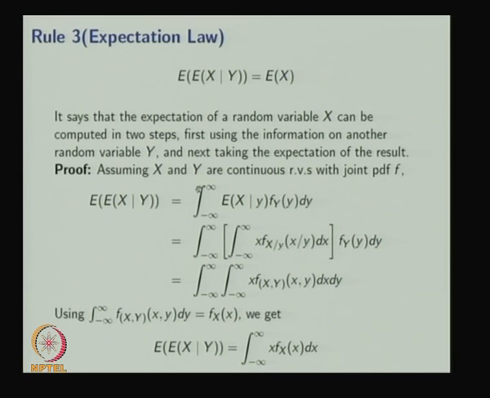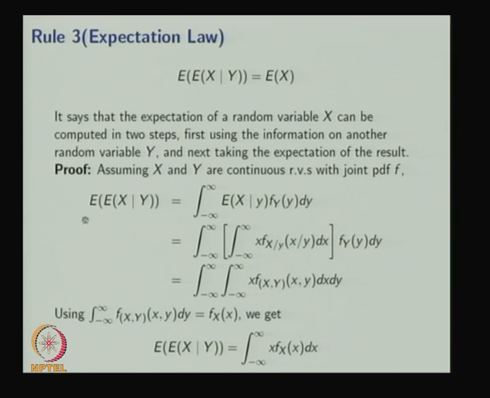The proof is given with the assumption that both the random variables are continuous with the joint probability density function f. So I am starting with the left hand side, the expectation of the expectation of x given y. You know how to compute the expectation. Here the provided condition is that the expectation exists. Similarly, in the definition of conditional expectation also, you have to assume the expectation exists, then only we are finding the conditional expectation.